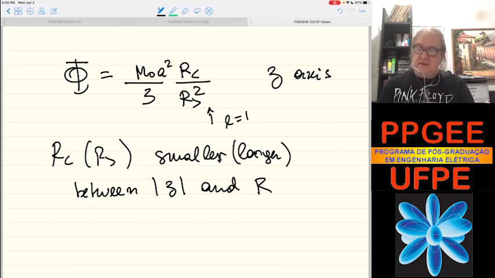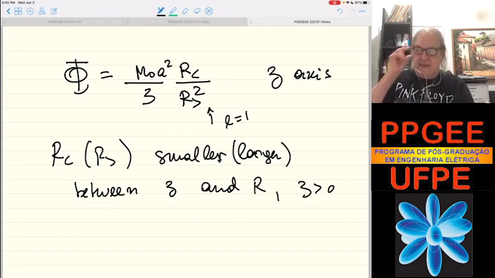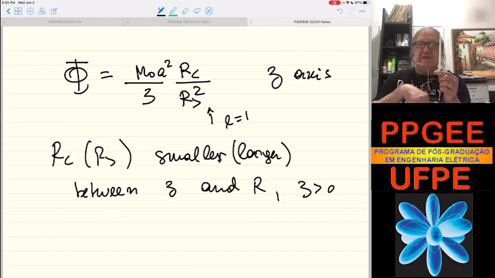In fact, I can use z because I'm using z larger than 0. I can make it between z and a. Okay. Because z is larger than 0, I can use that. Otherwise, if it was minus z, the angle would be different between x and x prime. So that's what it is.